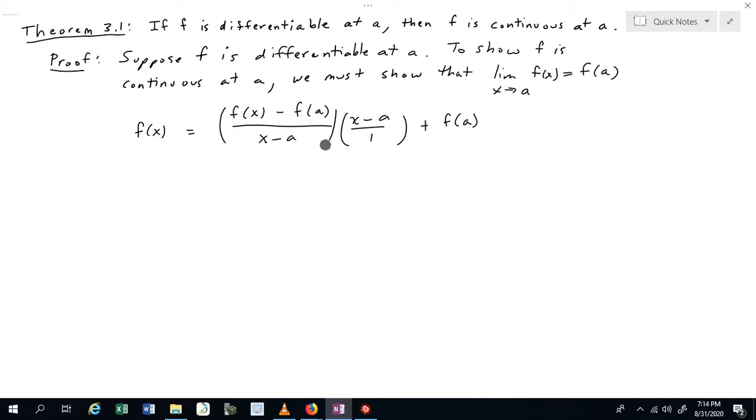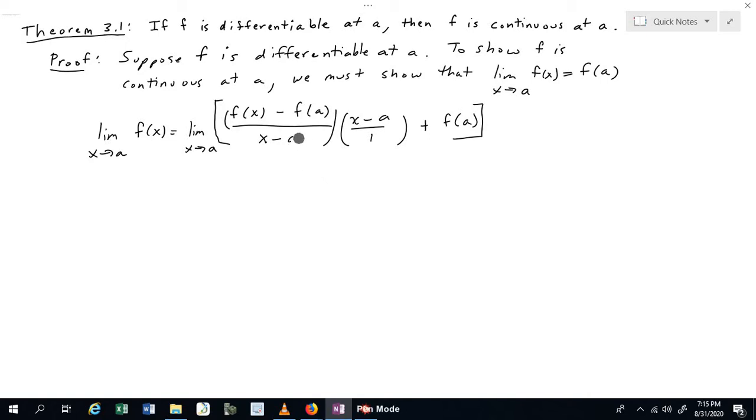There's a reason I'm writing it this way, because now we're going to take the limit of both sides of this equation as x approaches a. Since f of x is the same as this function over here, the limit as x approaches a of f of x is the same as the limit of this as x approaches a. Let's be clear that I'm taking the limit of this entire thing. So those should be equal.